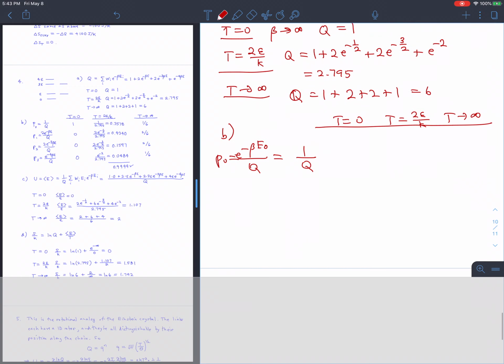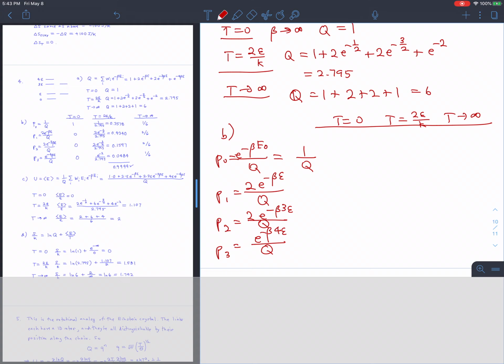And so p0 is that. p1 is equal to 2, right, because of the degeneracy, e to the minus beta epsilon over q. p2 is equal to 2 again for the degeneracy, e to the minus beta 3 epsilon over q. And finally, p3 is e to the minus beta 4 epsilon over q. Sorry, I need the q there too.